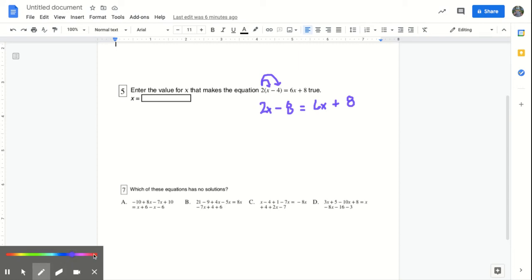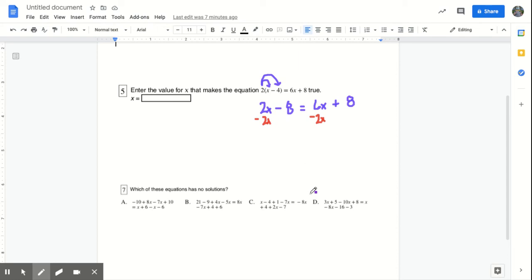From here, I like to move all of the x's to one side. It doesn't matter which side you move them to. I would probably get rid of 2 x's from here, but you don't have to. You could get rid of 6 x's from both sides and it still makes it equal. Now remember, you have to do it to both sides in order for the equation to stay balanced.